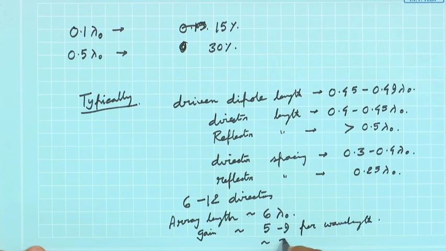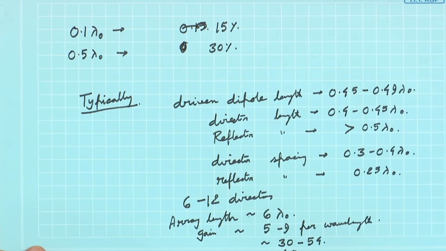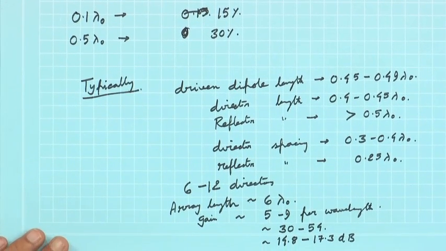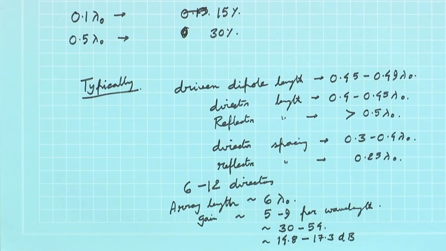So, typically that comes to 30 to 54, or in dB terms 14.8 to 17.3 dB, which is quite good. That is why in many TV applications, if you put a single dipole you are not getting the reception, but the moment you use this array, it makes your gain quite large compared to a dipole.